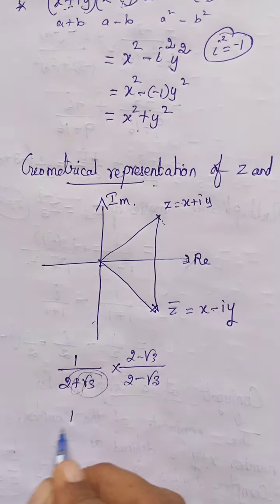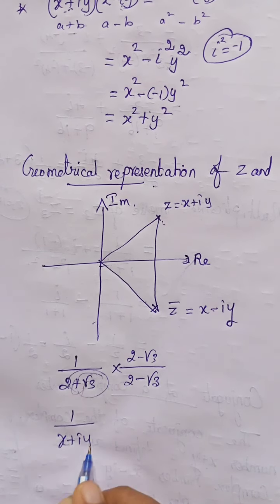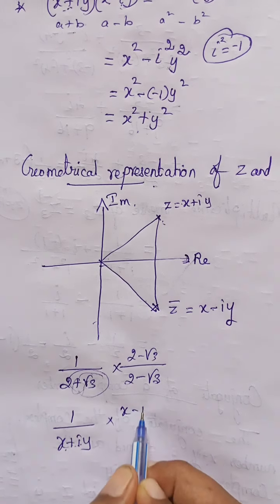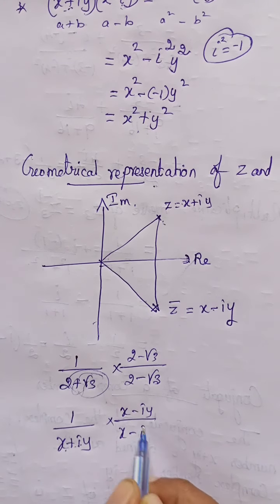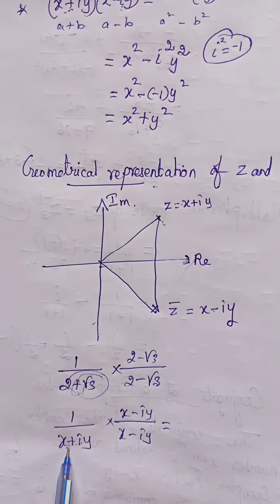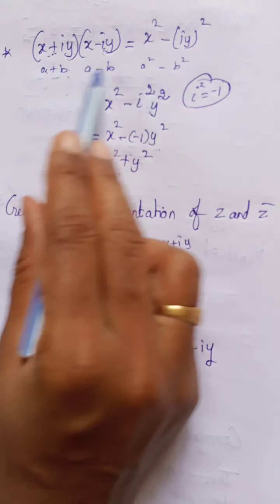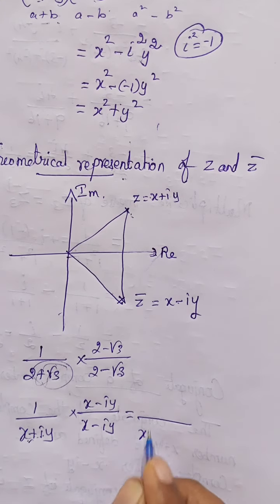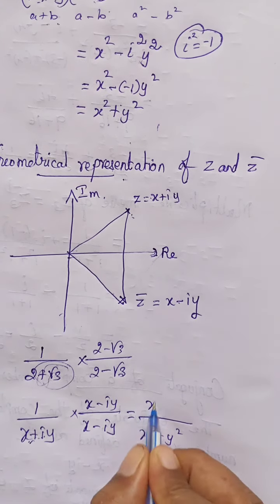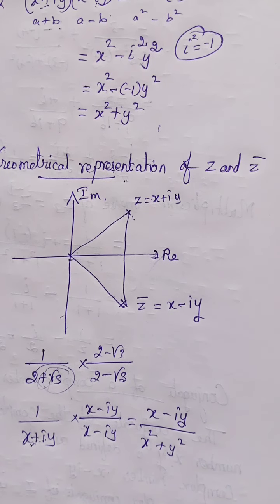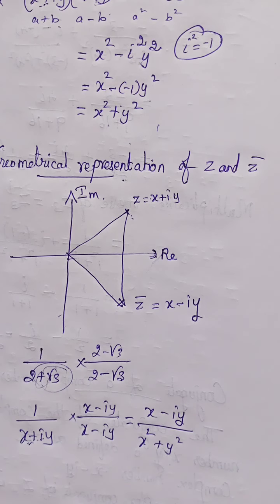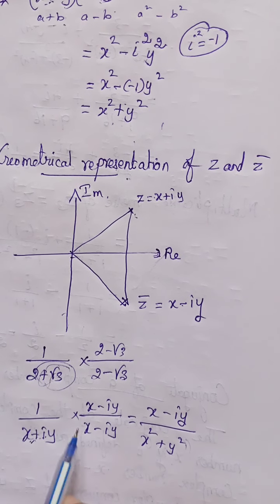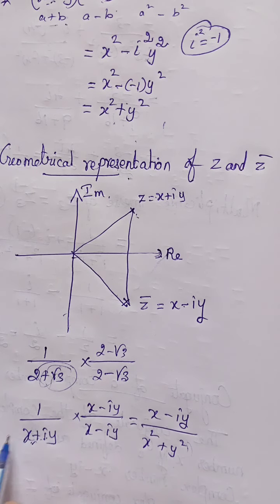The same way, if it is 1 by x plus iy, we know the conjugate; only in front of i we change the sign. x minus iy by x minus iy. x plus iy into x minus iy, we know the answer is x square plus y square. Directly we can write x square plus y square. Here it is x minus iy. So in the denominator, now there is no complex number. So the conjugate is normally used in these divisions.